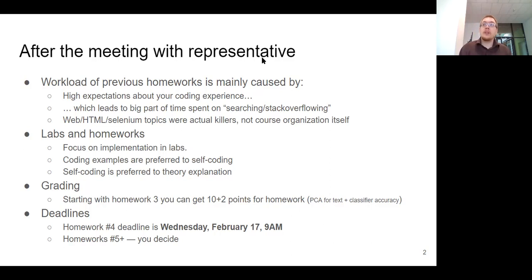And in the second place, if it's not required for the lab, you will prefer self-coding to a continuation of theory explanation. You'll prefer to have this time, an hour and a half of the lab, for implementation of your homework because you lack time in your homework. So that was our observation, and we will try to shift this.